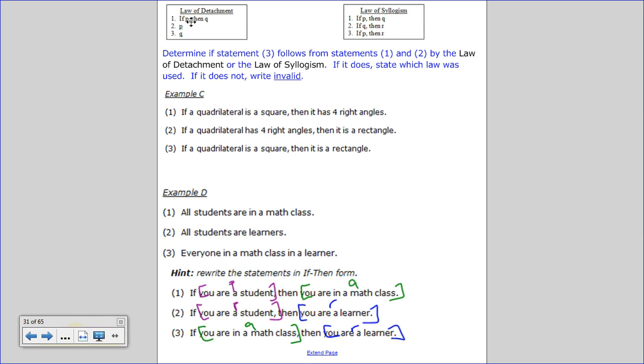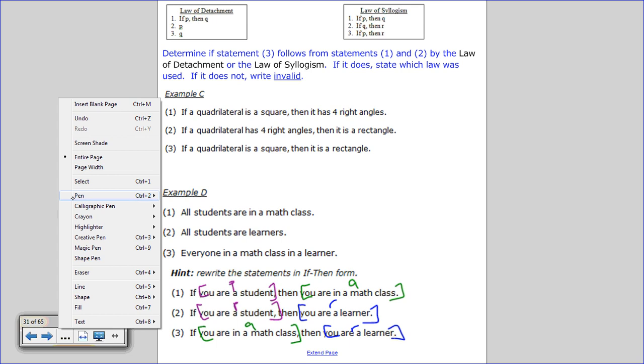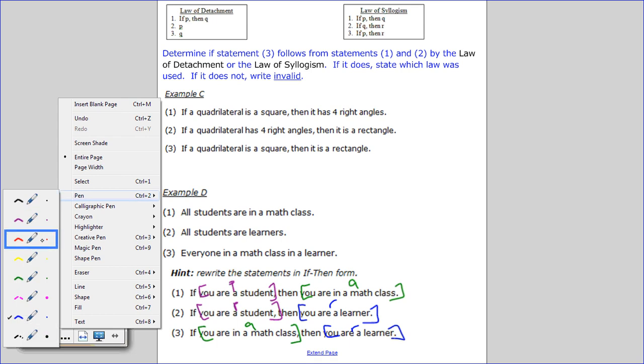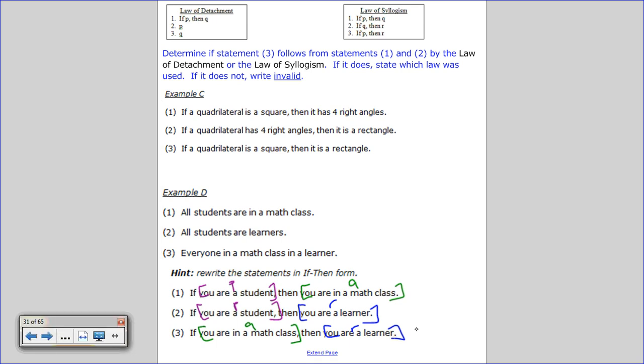When I look at detachment, it should just be P, and it's specific to P. However, when I look at law of syllogism, it says if Q, then R. Just on that fact alone, I know that my third sentence is not following the correct pattern or protocol. So the third statement is not going to be a valid conclusion. So not valid.